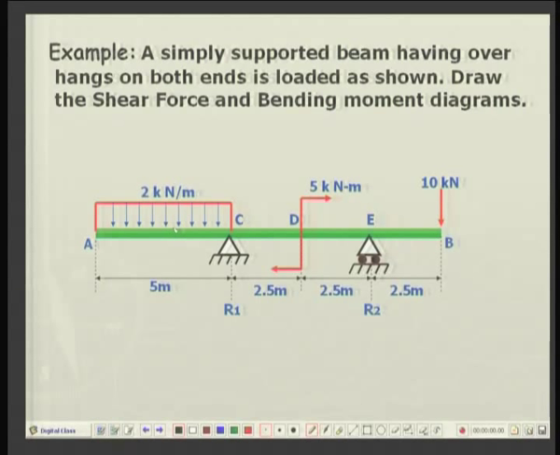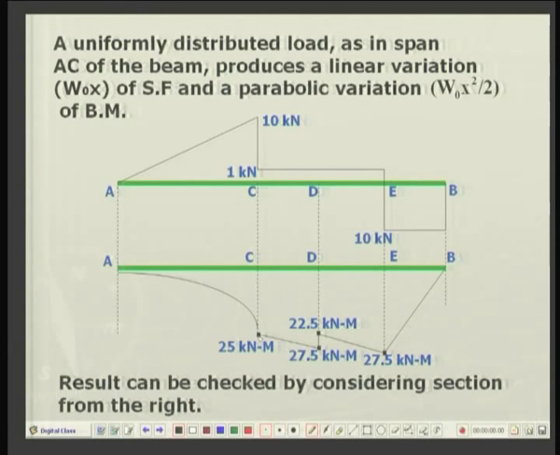You replace it by the total load of 10, 5 into 2, that is 10 kilonewtons at the center. So, you can say that this is an equivalent load of 10 kilonewtons, and this will produce 10 into 2.5, that is 25 kilonewton meters. So, this will be the bending moment at the point C.